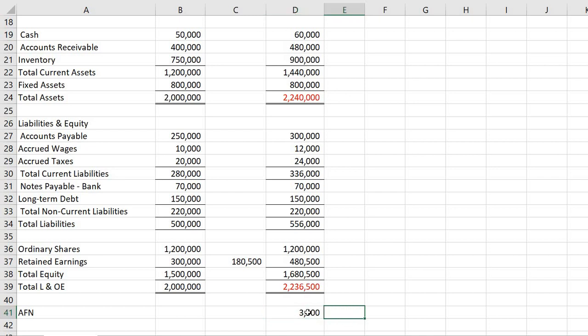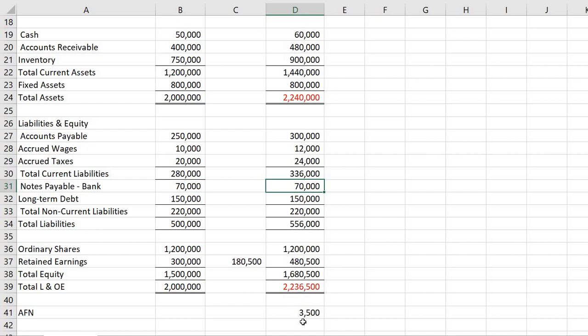So meaning, ito yung kailangan mong ma-raise, no? Magde-decide ka ngayon kung paano mo ba i-raise, paano mo isa-source out ang iyong AFN na 3,500. So, pwede kang mamili, mag-decide ka, pwede kang mangutang sa bank with your 3,500, or pwede rin mag-issue ka ng ordinary shares.